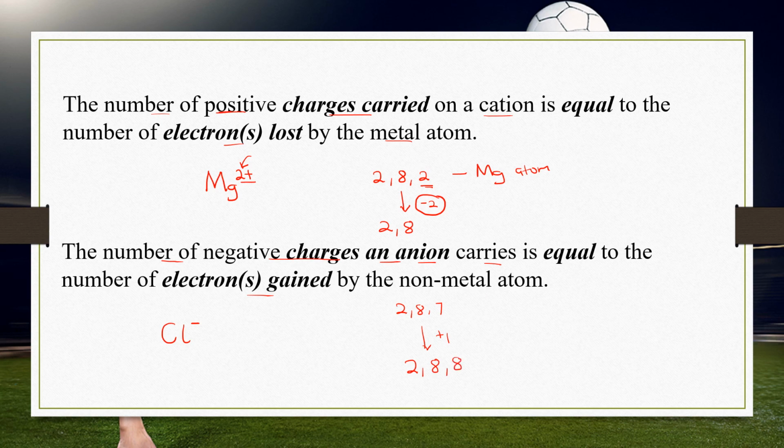So you realize that here we have the number 1, although we don't write it. You can't write it as 1 minus, because it's the same thing. So this is 1, and here we have 1 electron that has been gained. So the number of negative charges is always equal to the number of electrons that have been gained.